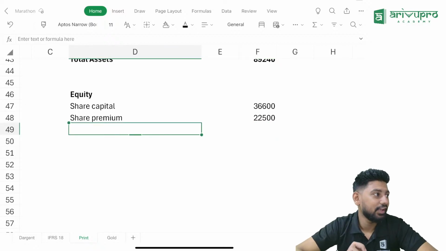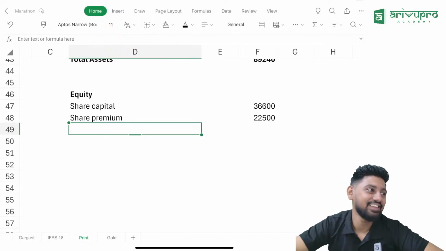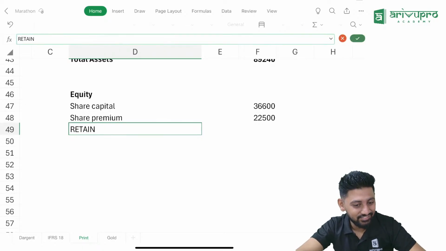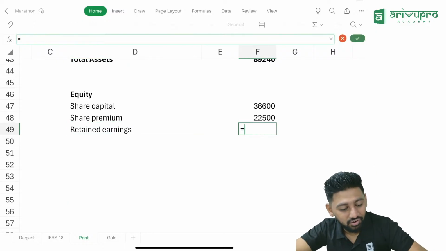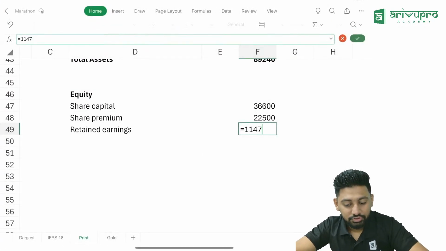Now what do we have? NCI, consolidated retained earnings. There you go, we have retained earnings. How much is our retained earnings, my dear? Already given as 11,470.